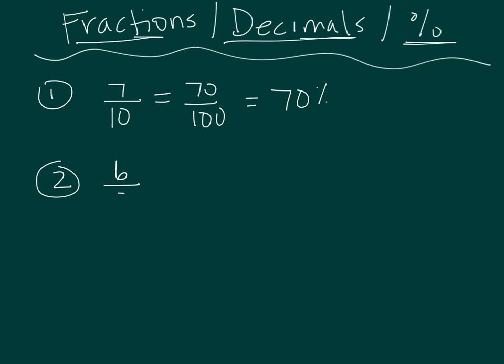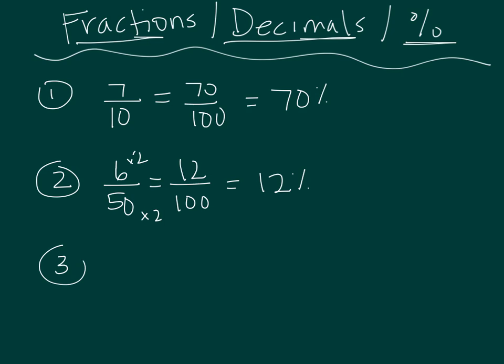Let's take 6/50. Doesn't go into 10, but it goes into 100. So I multiply by 2, multiply by 2. This would be 12 out of 100, which is 12%. What if we had 2 out of 5?